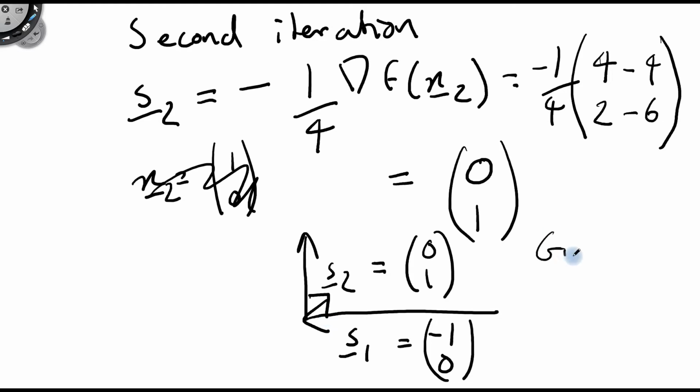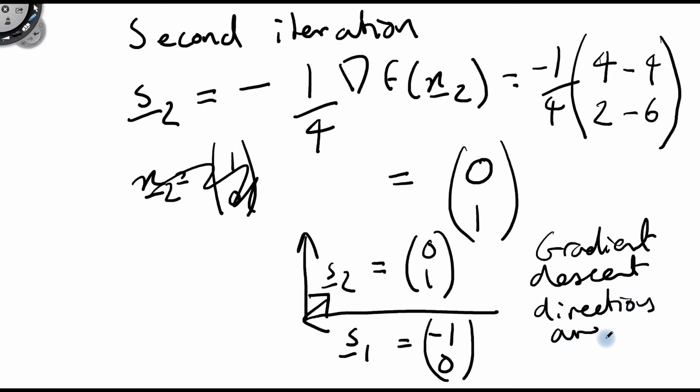Gradient descent directions are perpendicular, and there's a little proof of that in the lecture notes that I hope to get to. But we're just observing it at the moment, that if the first direction is that way, the second direction is that way.